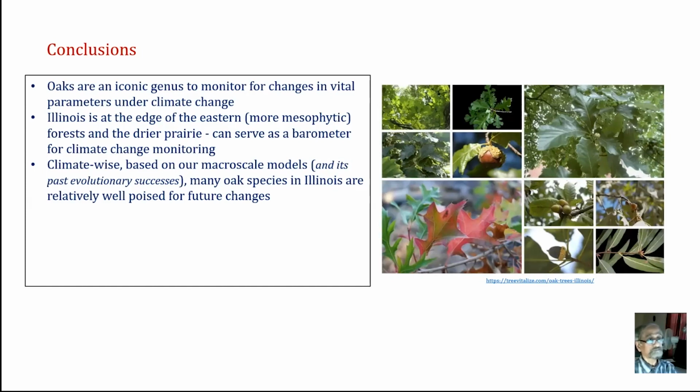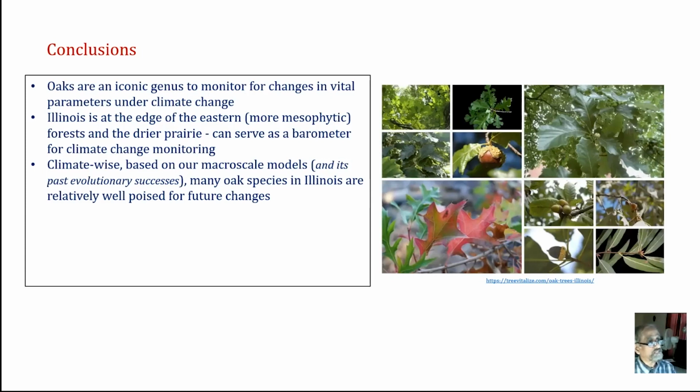And so, for example, how will some of these oaks that skirt the Illinois border, like swamp chestnut oak, overcup oak, southern red oak, scarlet oak, cherry bark oak, and so on, fare if it gets more droughty or wetter in the future? So Illinois is in a very interesting place to monitor some of these changes.